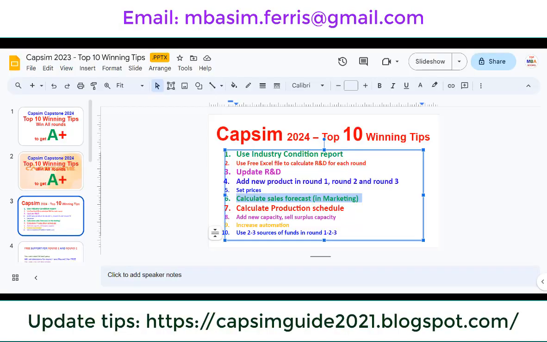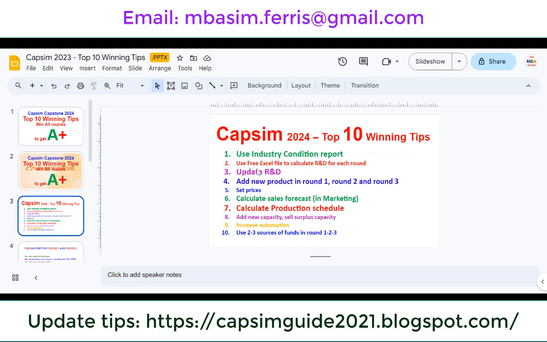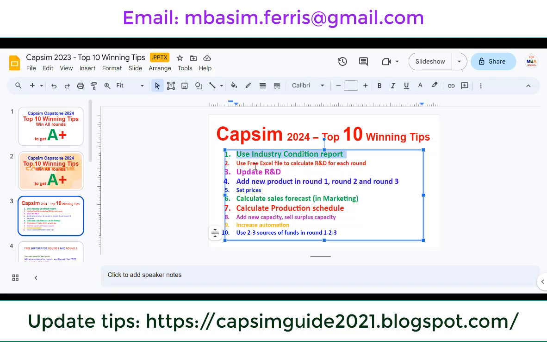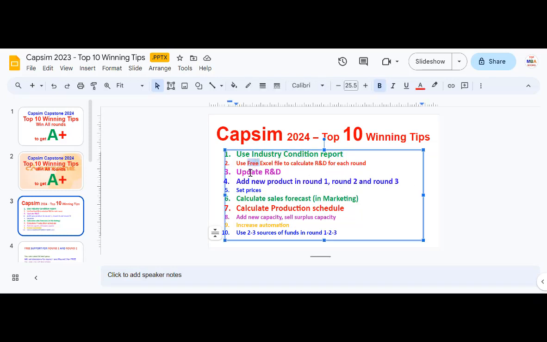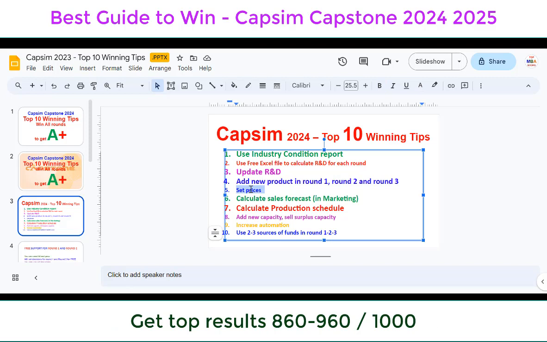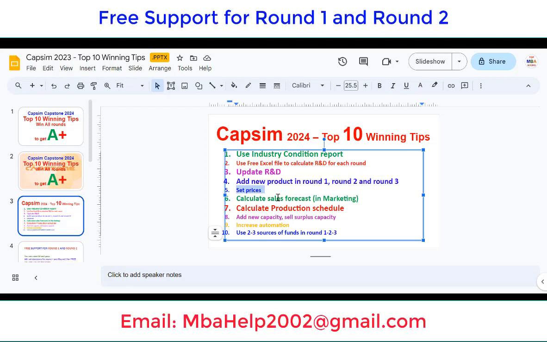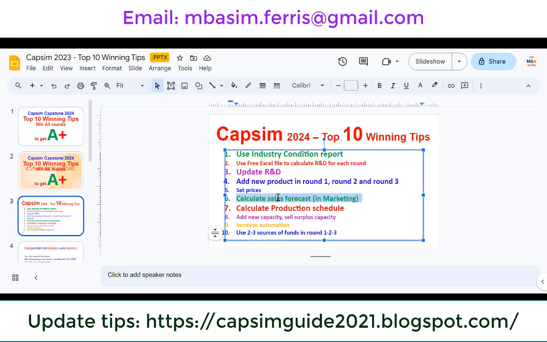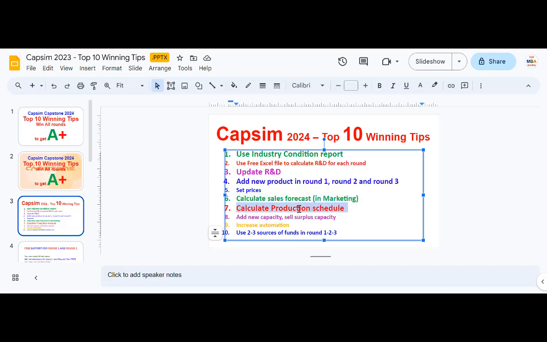So to check on the top 10 winning tips, you see we use the industry condition report. We use the free Excel file, update R&D, add a new product in round 1, round 2, round 3. Each round we add a new product and set the price based on the industry report and competitor prices. You can use the Excel file to keep track of that and calculate the sales forecast based on the units we sold from last round, and the segment growth rate for each segment from 10 to 20%, and calculate the production schedule.